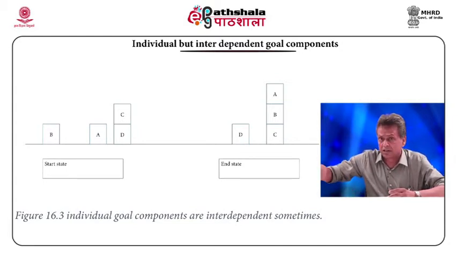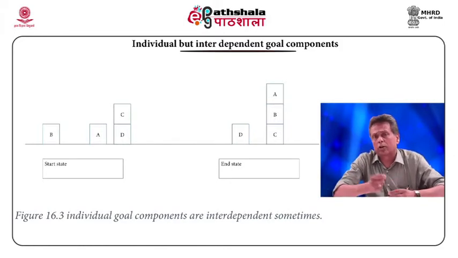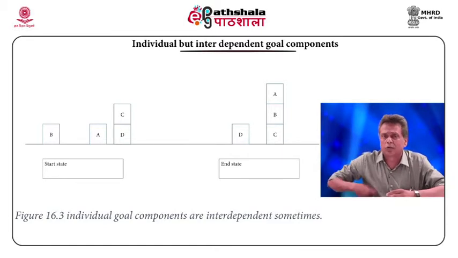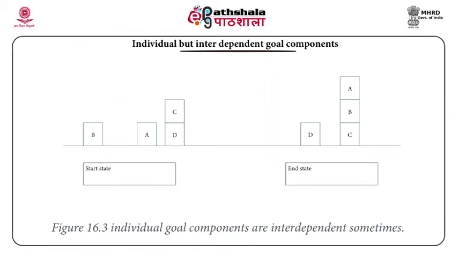Though I am going towards the goal state, this is not the right way of doing it. So, these are interconnecting goals. What I am talking about, the relevance and components and all that, is only useful if the sub goals are not interdependent. If they are interdependent, I may solve on AB, which makes the start state nearer to the goal state. Well, I will not reach the goal state if I do that.